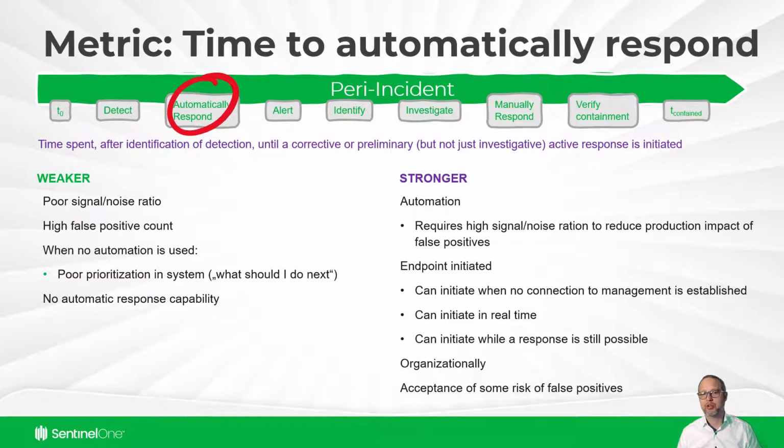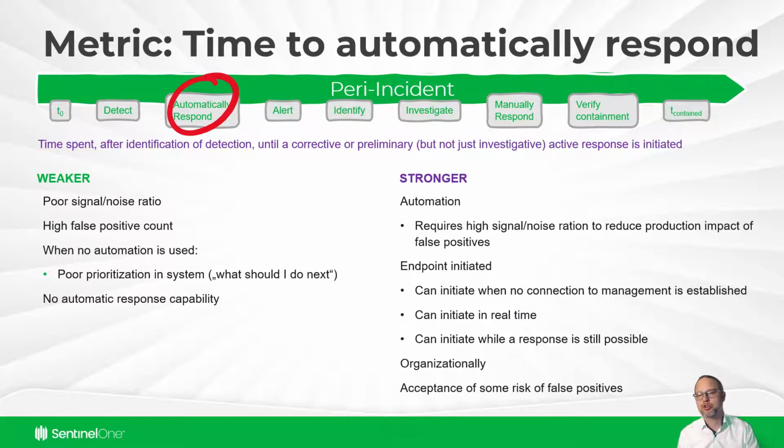And likewise, the same is true for automatic responses. If it takes you days to detect, then having an automatic response almost doesn't matter anymore because it took so long for initial detection. So the better automatic response is enacted automatically after a machine-based detection has occurred. However, relatively weak systems like EDR 1.0 systems typically don't really, or people typically don't run them as automatic responses because there's a high false positive count associated with them.